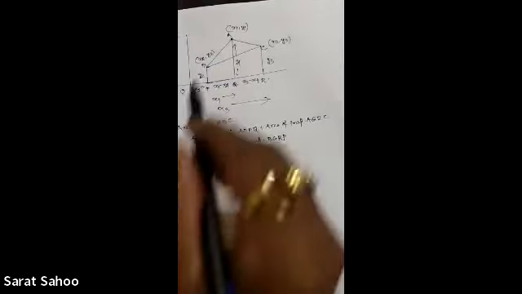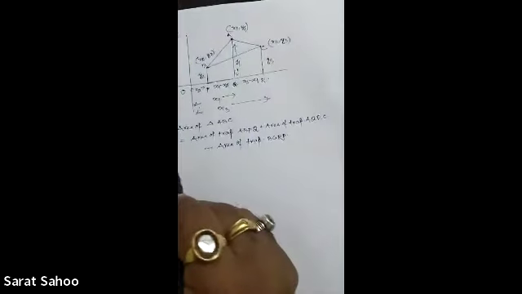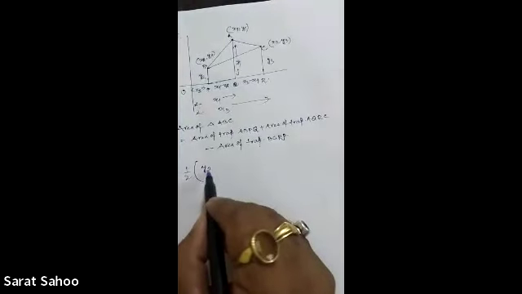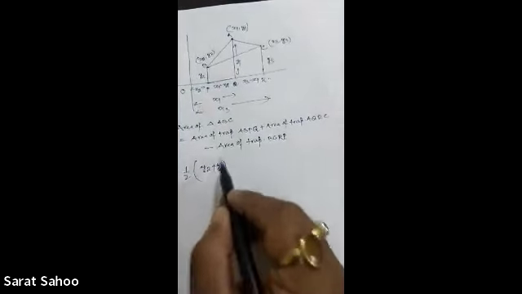What is the formula to find the area of trapezium? Area of trapezium is equal to half sum of the parallel sides into height. So area of trapezium ABPQ is equal to half of length of parallel sides y1 plus y2 or y2 plus y1 into height.